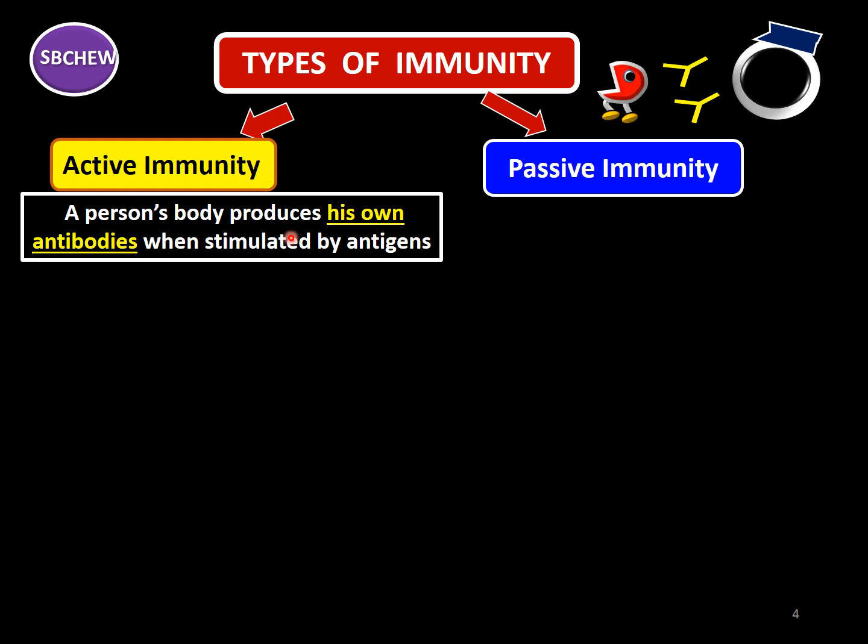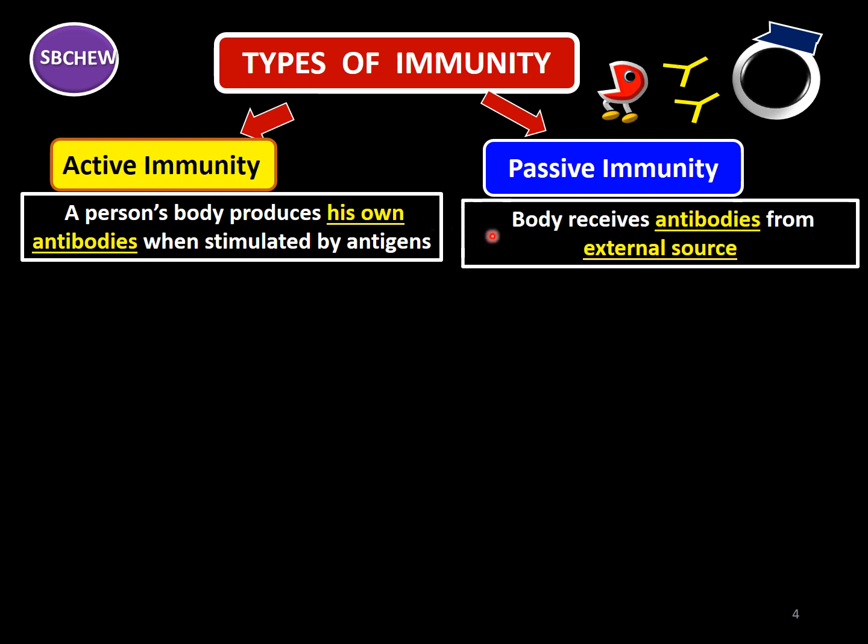It's when a person's own body produces his own antibodies when stimulated by antigens, either through injection or the antigens may enter the body naturally and cause a person to fall sick. So a person actively produces his own antibodies. His lymphocytes will produce the antibodies. But in passive immunity, the body is passive in that it does not produce the antibodies. It just receives the antibodies from an external source, like from the mother or from injection.